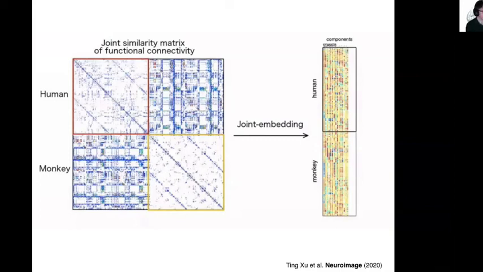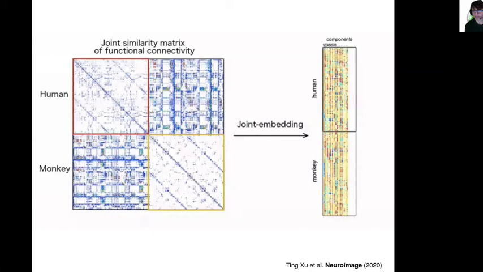They have a specific profile of connectivity. And in the yellow square, you have the connectivity of monkeys with themselves. But in the bottom left and top right windows, you have the pattern of connectivity between humans and monkeys. And there you can investigate a similarity in the profile of connectivity by using a joint embedding.